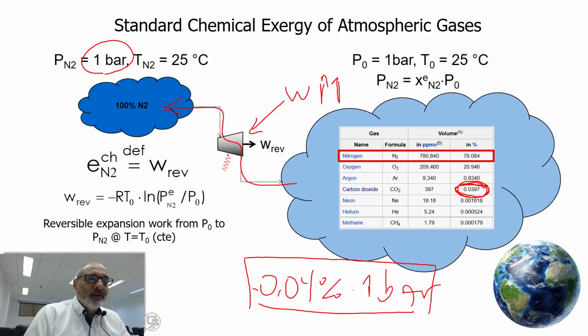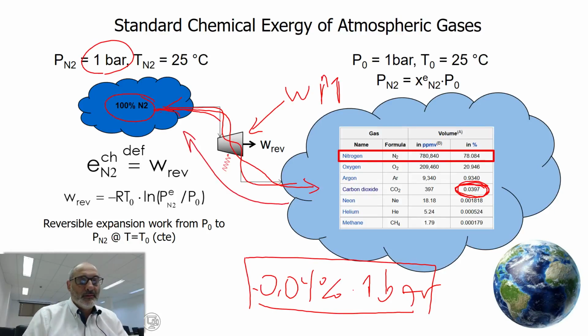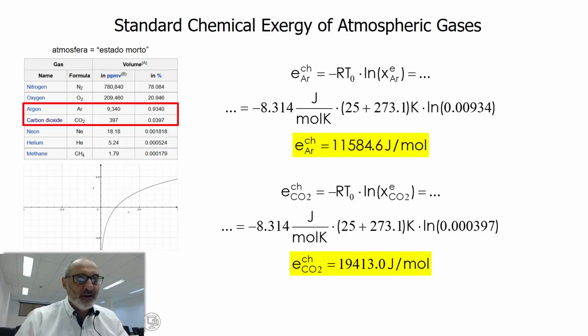So chemical exergy, you may consider it from the state of the substance to the environment, or the work obtained from this process in this sense, or the work supplied in the other sense. Hope I made myself clear.